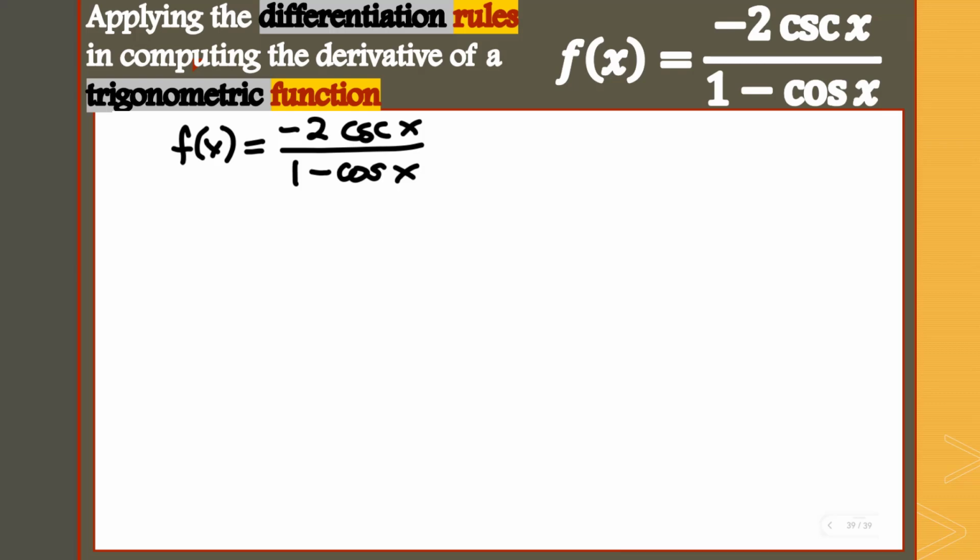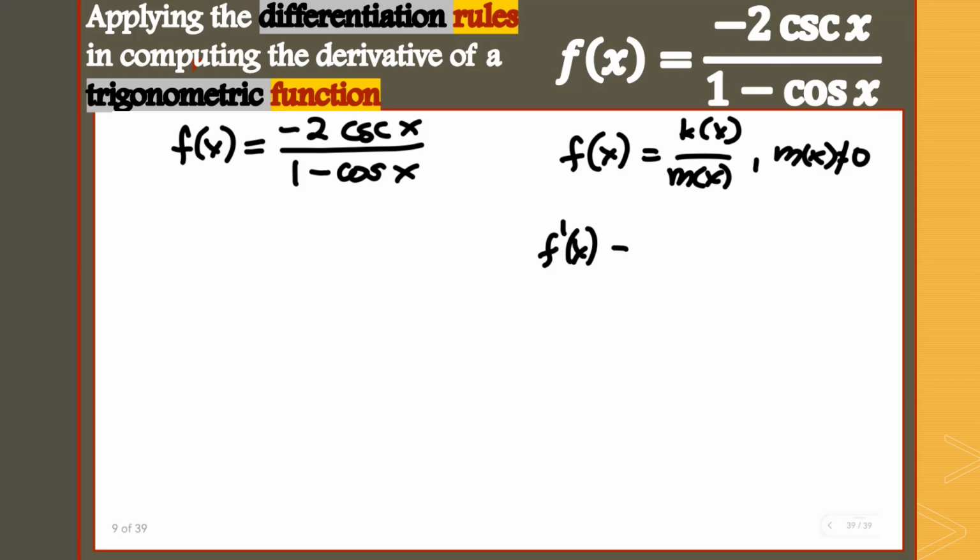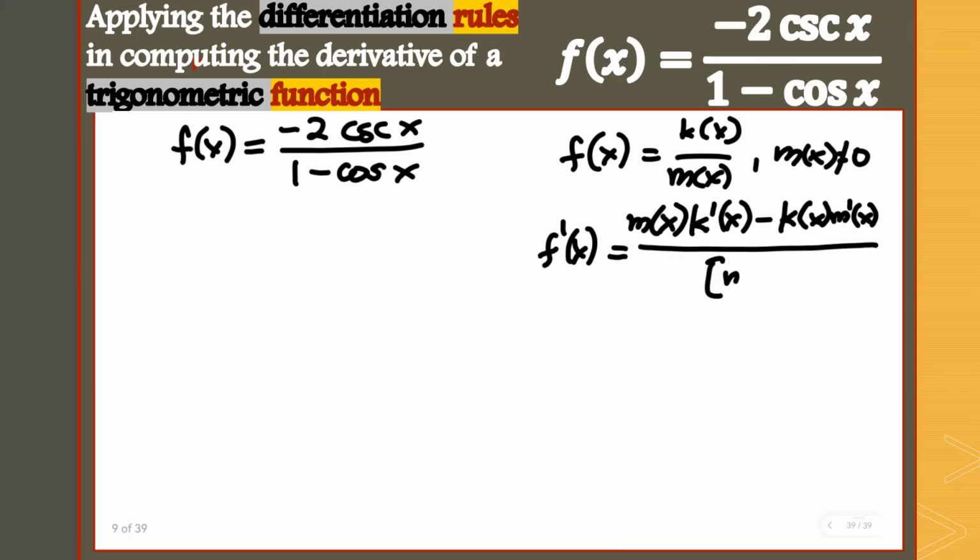It's actually structured in this manner. If we have k of x over m of x, where m of x is not equal to 0, the rule follows this idea: the denominator times the first derivative of the numerator minus the numerator times the derivative of your denominator, all over the square of whatever would be in our denominator.